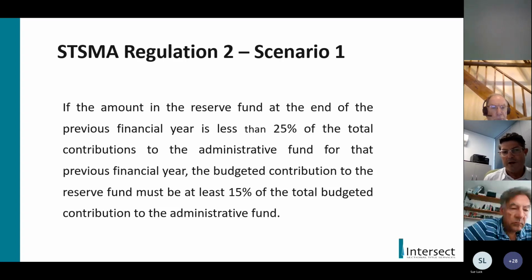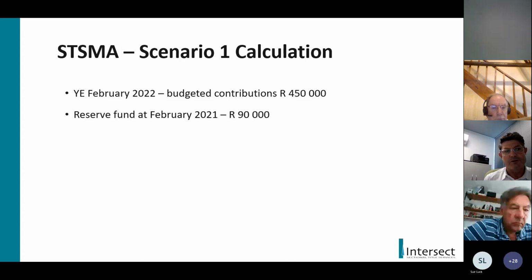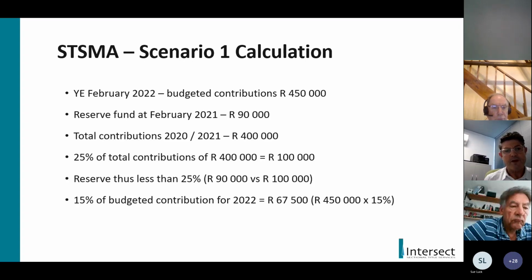Now, it sounds very complicated, but what I've tried to do is give you an example of how to calculate such a scenario. So in this scenario, I use February 2022 as an example. The year end is February 2022. The budget contributions for that year is planned to be 450,000 Rand. The reserve fund at February 2021, that would have been the end of the previous financial year, was 90,000 Rand.